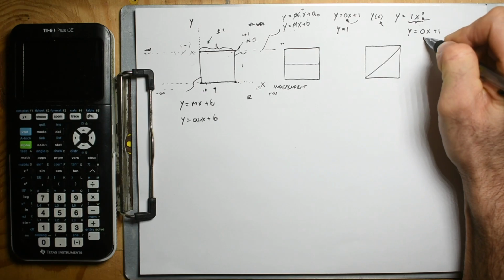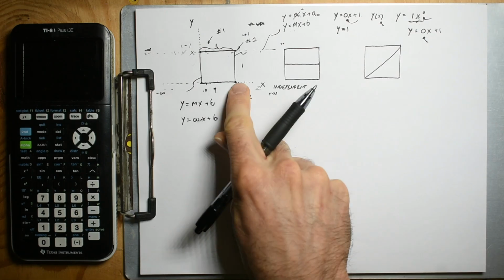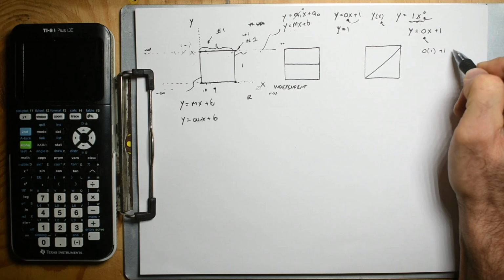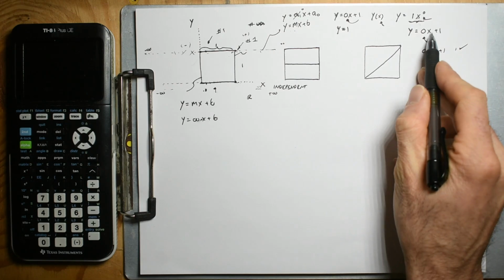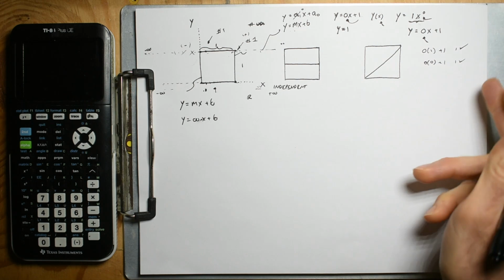It's a slope of 0, and now if I put in any value of x, say x of 1 right here, I'm going to have 0 times 1 plus 1. Well, guess what? That's 1. If I put in an x value of 0, 0 times 0 plus 1. Hey, great, that's 1.